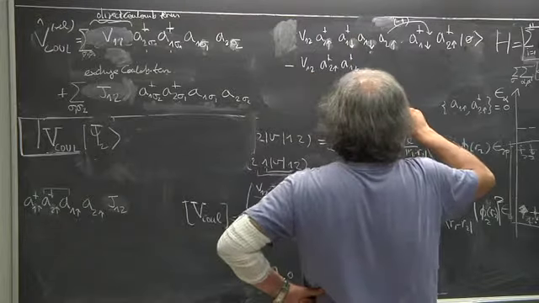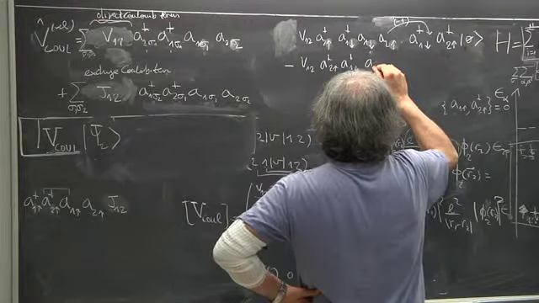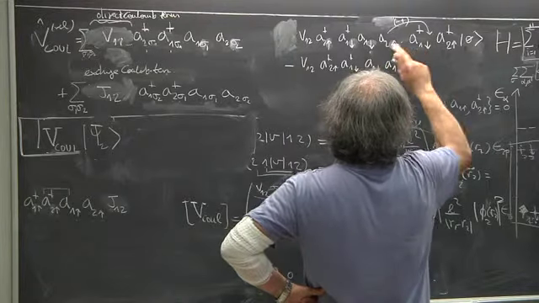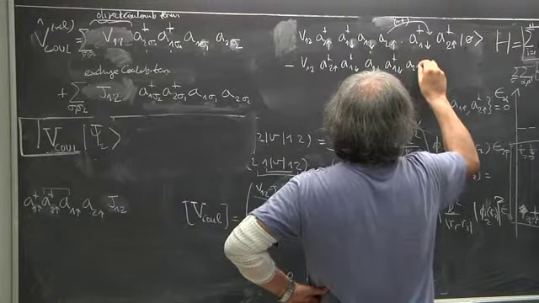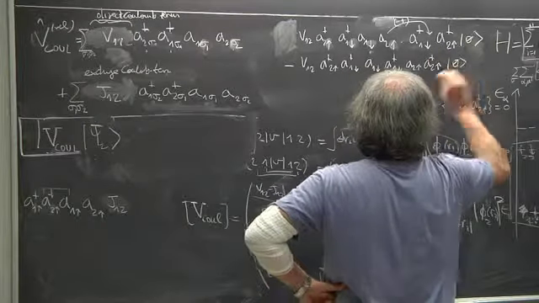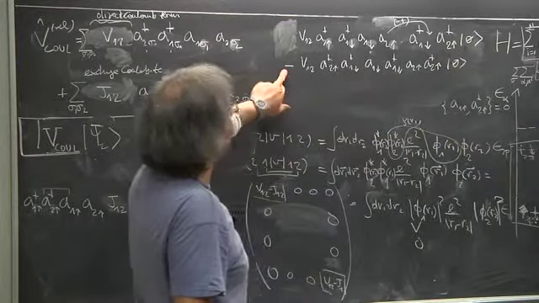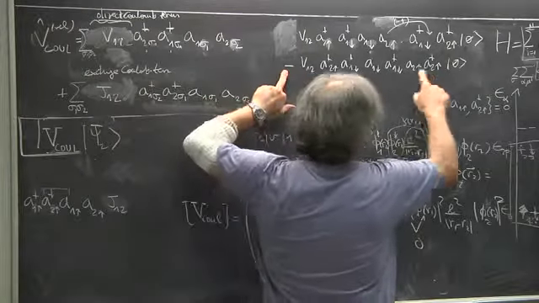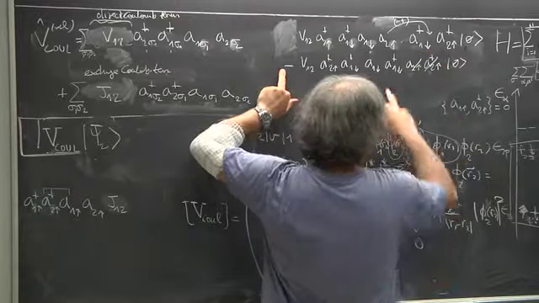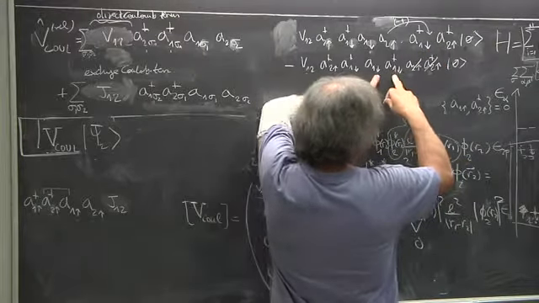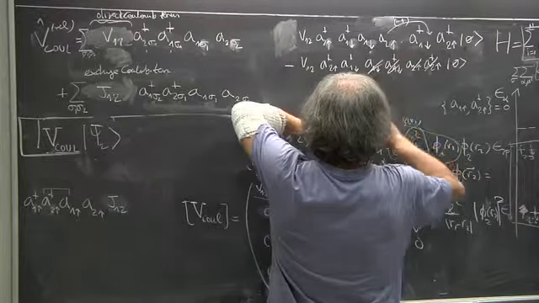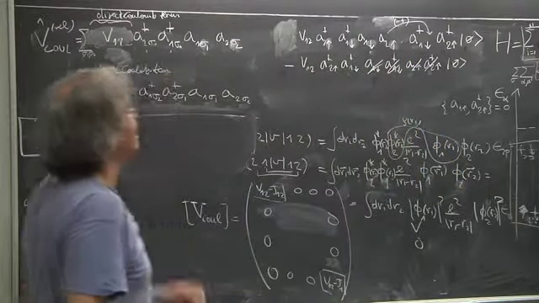And then I have A1 down, A dagger 1 down, and now A2 up, A dagger 2 up, vacuum. I paid my minus sign, and now they are in this form. So 2 destroys the immediate creation of 2, they go. 1 destroys the freshly created 1, they go. And you have that state.